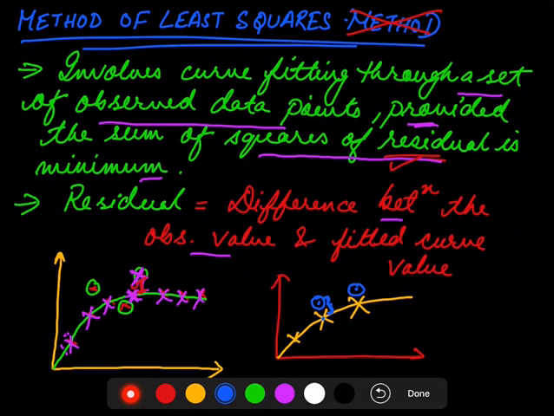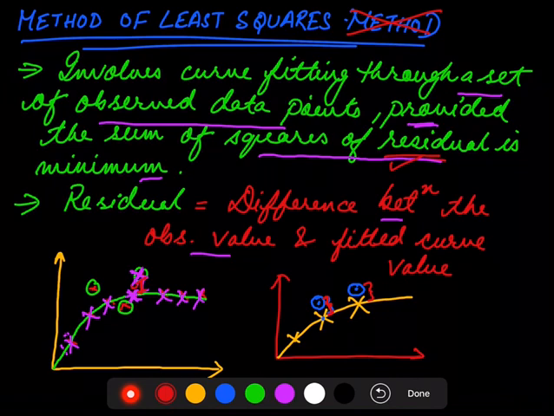It should be minimum, not directly, but the sum of the squares of the residuals. Square of this distance, square of this residual, and if you add all these, their sum should be as minimum as possible.